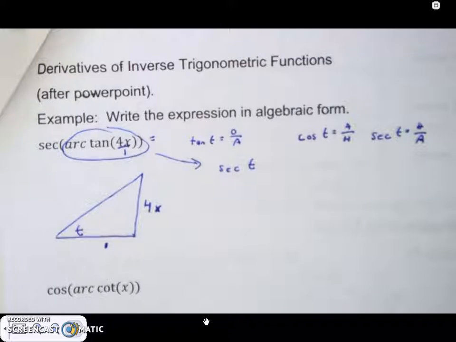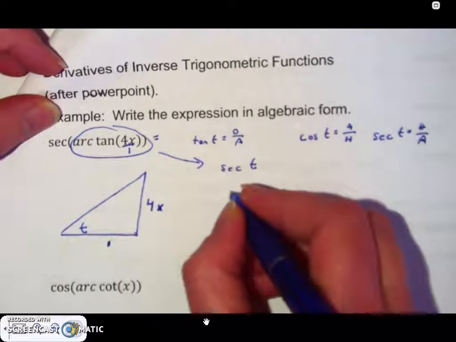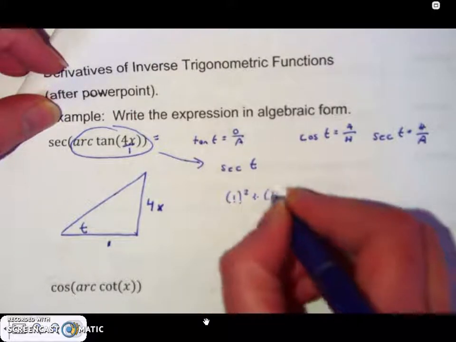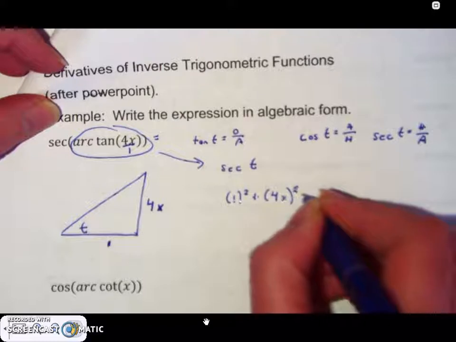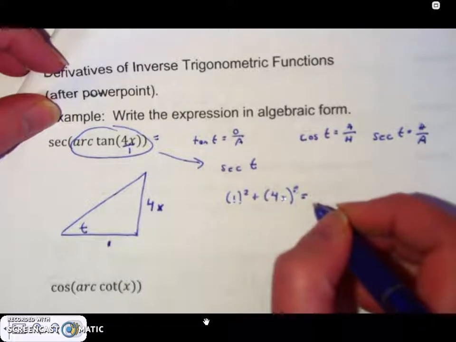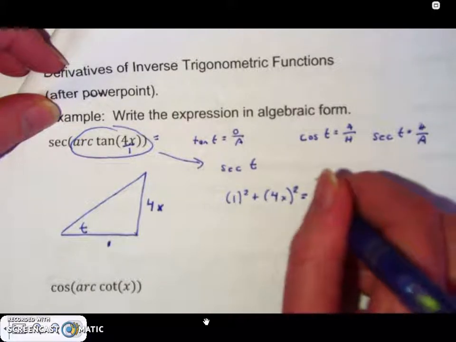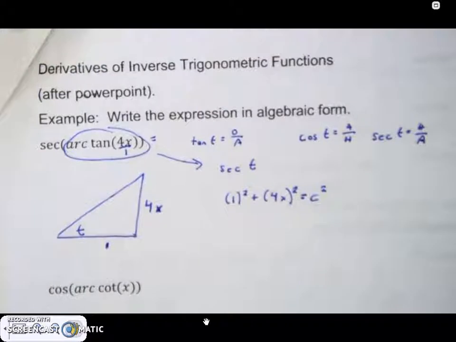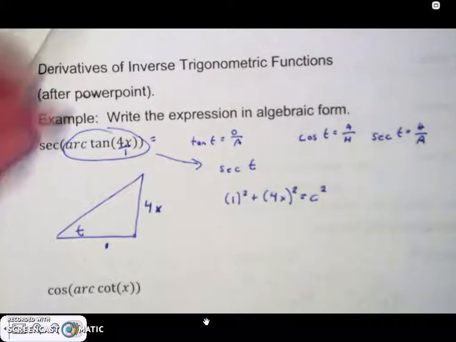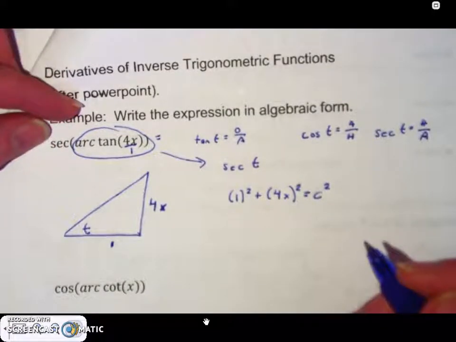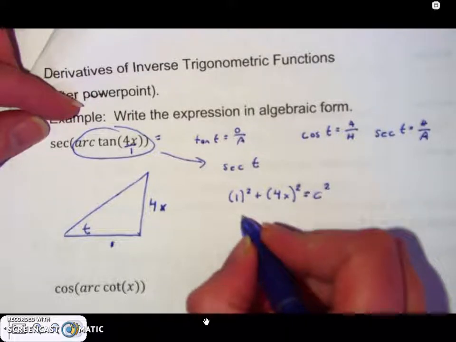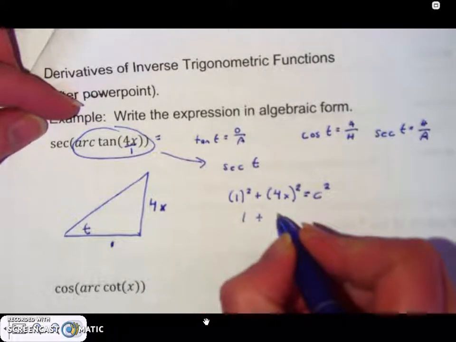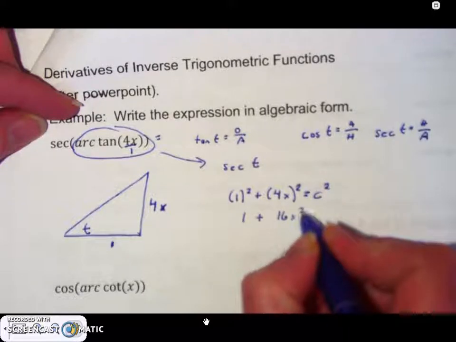I haven't found hypotenuse yet, so what do I need to do? Yep. So we'll do 1 squared plus 4x squared. Yeah, so at some point when you want to do one, you can. You just have to take over the mic. So this would be 1 plus what? Thank you.